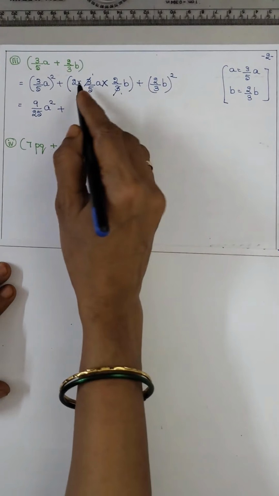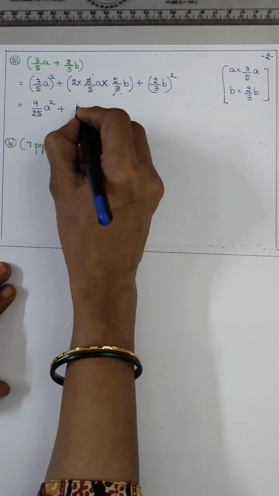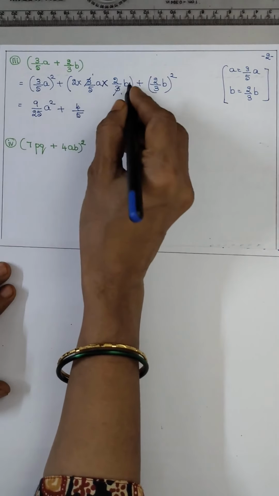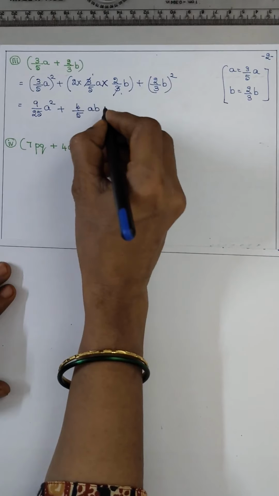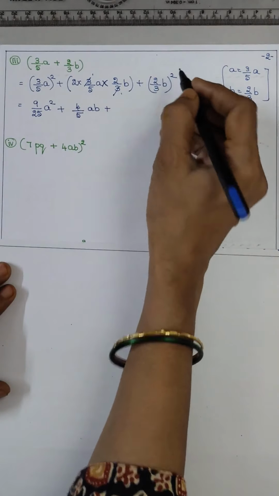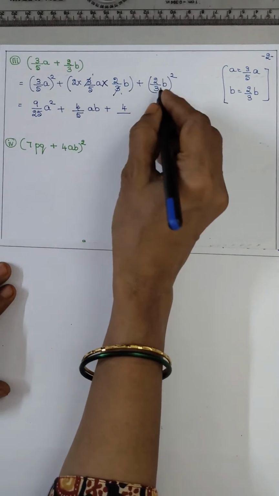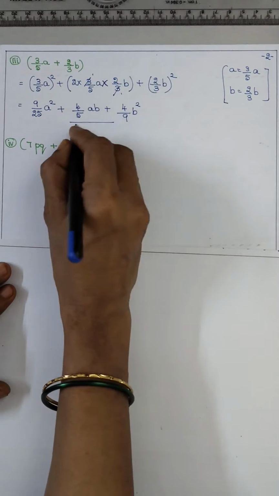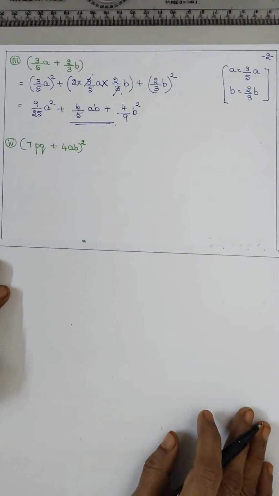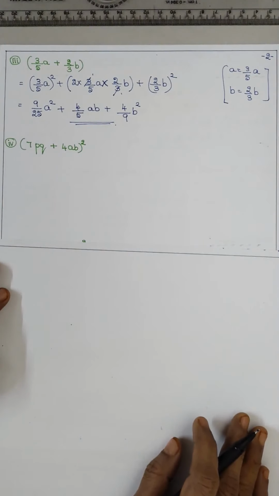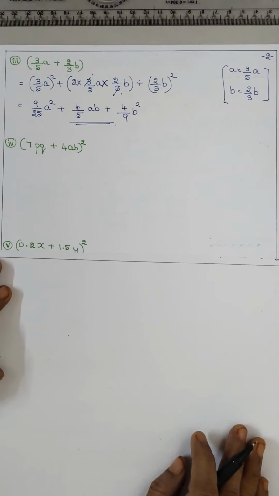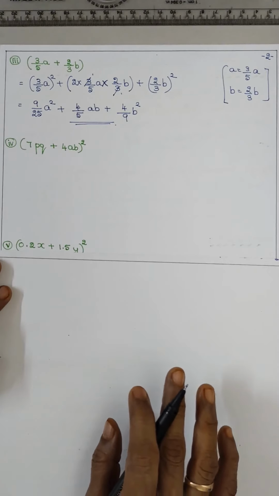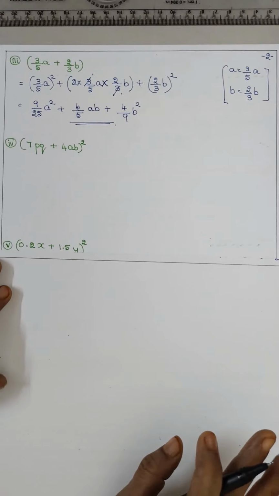Now it is 2 2s are 4 upon denominator 5, then ab, plus 2 squared is 4, 3 squared is 9, b squared. Is it clear? You should be a little bit careful with the fractions and the decimals.